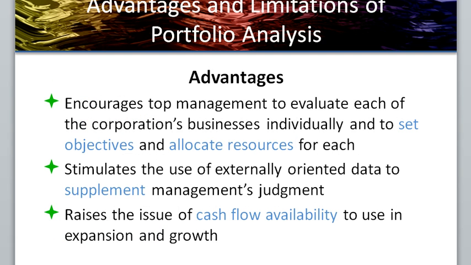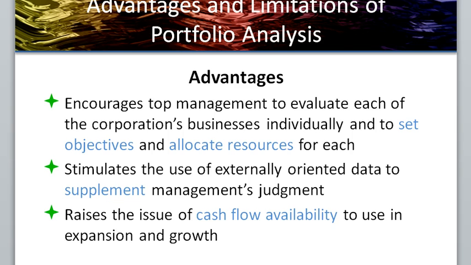There are some advantages. It encourages management to have a dialogue and discussion about the objectives and their allocation. That chart can start a dialogue of portfolio analysis that is a quick visual way to get managers to think about their objectives, what they want to do with their different product lines, and how they want to allocate resources of capital and labor into different divisions or product lines.